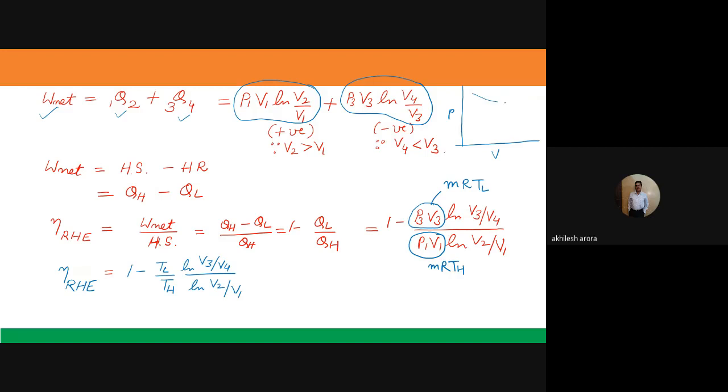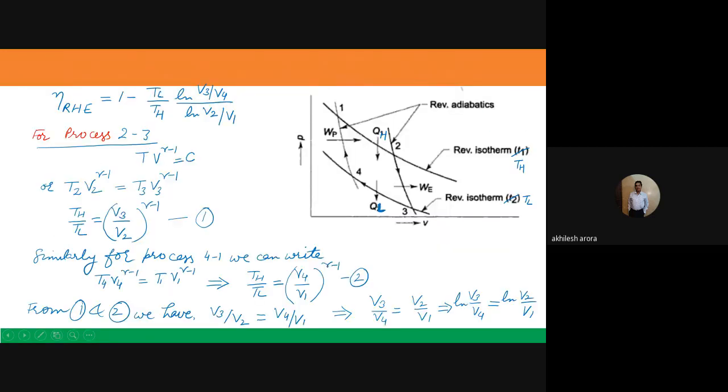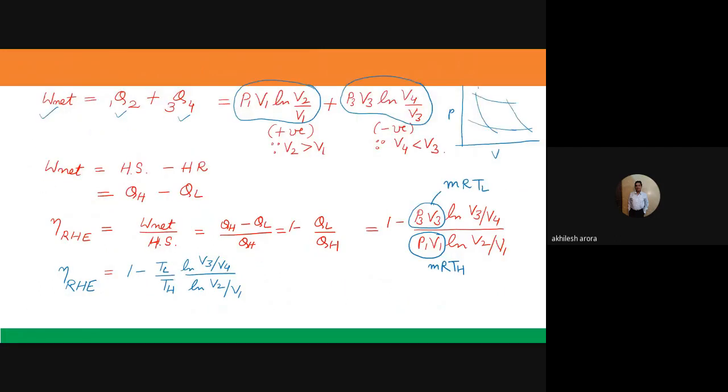So you can draw it easily like this. So this is 1, this is 2, this is 3, this is 4. So this is how the cycle is going on. It is a clockwise cycle. So clockwise cycles are always heat engine cycles. Very, very important to remember this. Clockwise cycles are heat engine cycles.